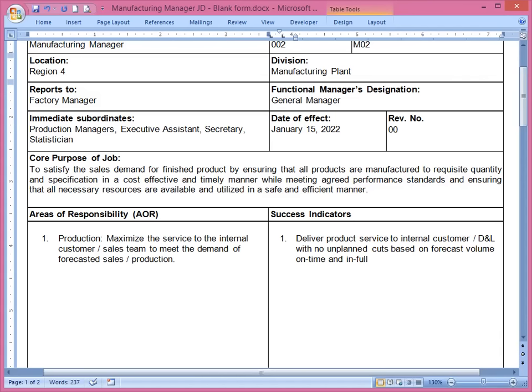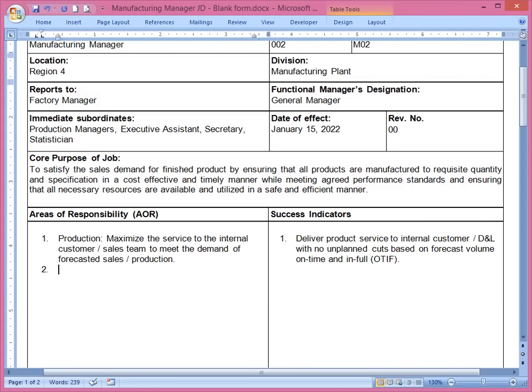So it should be OTIF, on time and in full. That would be your first success indicator on the first area of responsibility.